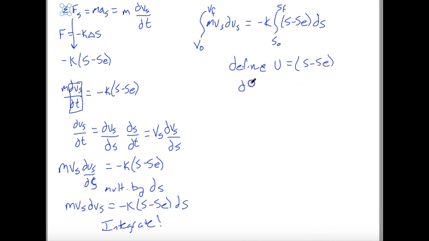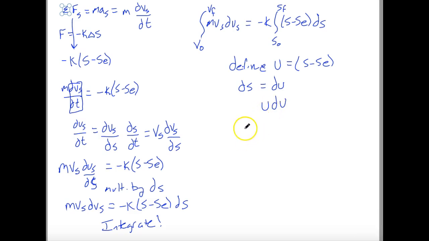So instead of ds, we're going to now have du because we don't want this subtraction on the inside. We don't want to see that. And so that ds is going to become du. U becomes S minus SE. And so instead of this thing, we're going to have u du. So that will make it a lot easier.